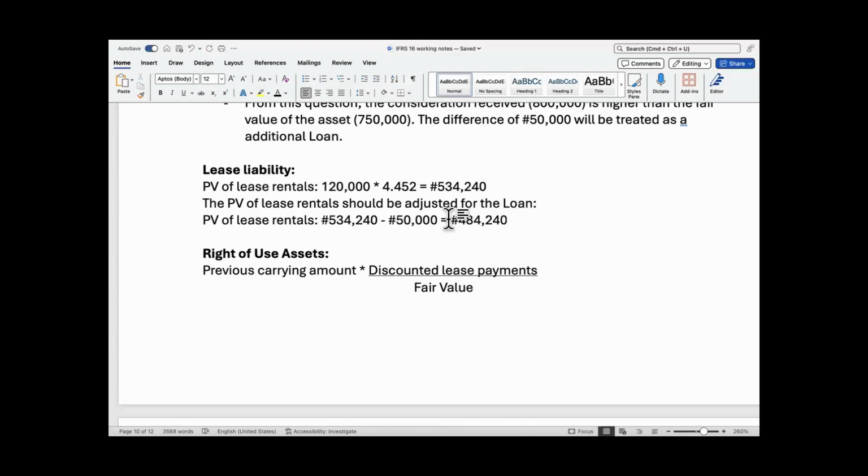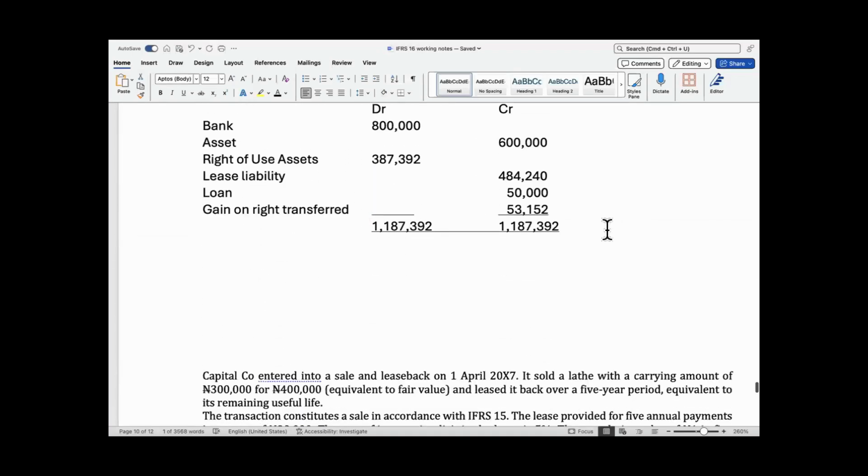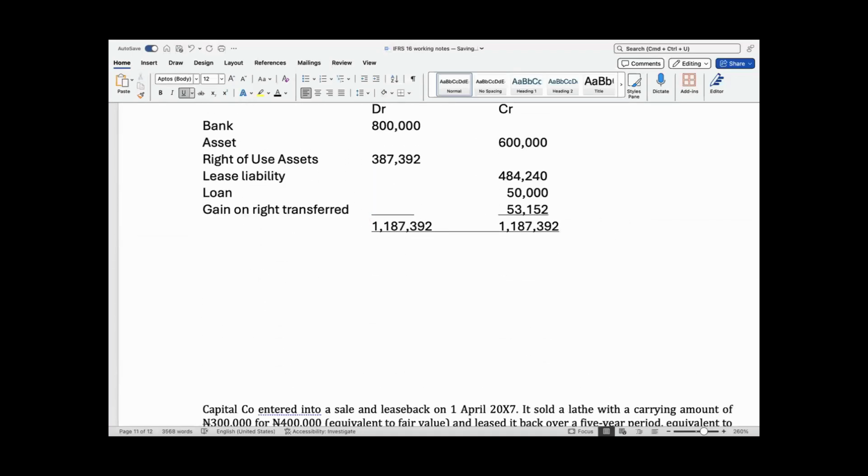But when you're doing that, because the lease rental you decrease already includes the loan itself. Already, so is this you're going to use to determine that. So you want to finish everything for the lease liability now.